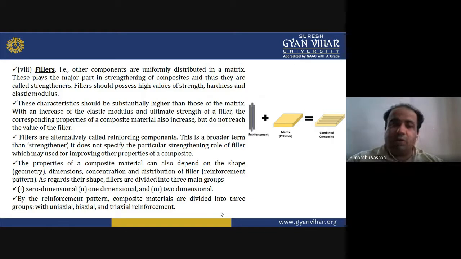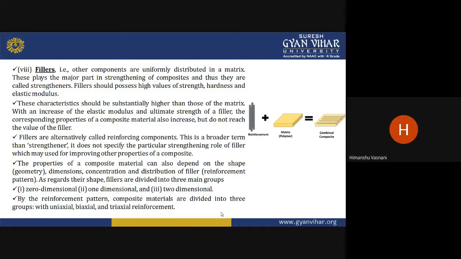The fillers are alternatively called reinforcing components. This is a broader term than strengthener. It does not specify the particular strengthening role of the filler, but may be used for improving other properties of the composite.